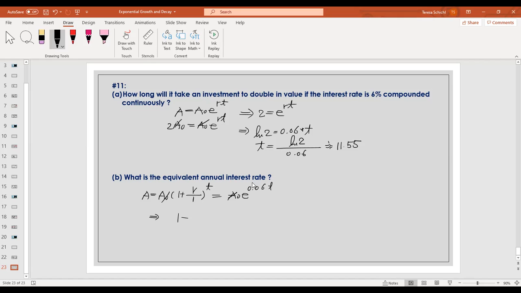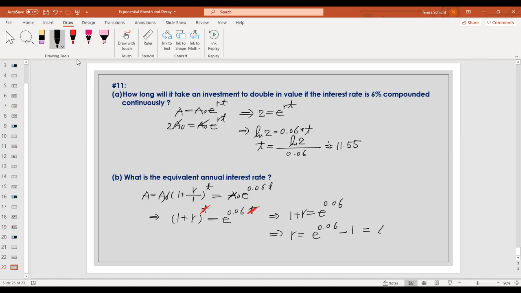So that means (1 plus r) to the t is equal to e^(0.06t). Now I can take the t away, and I will get 1 plus r is equal to e^0.06. So r is e^0.06 minus 1.